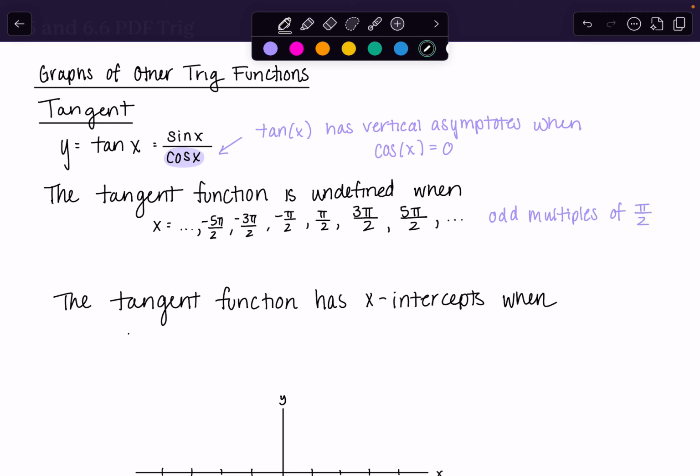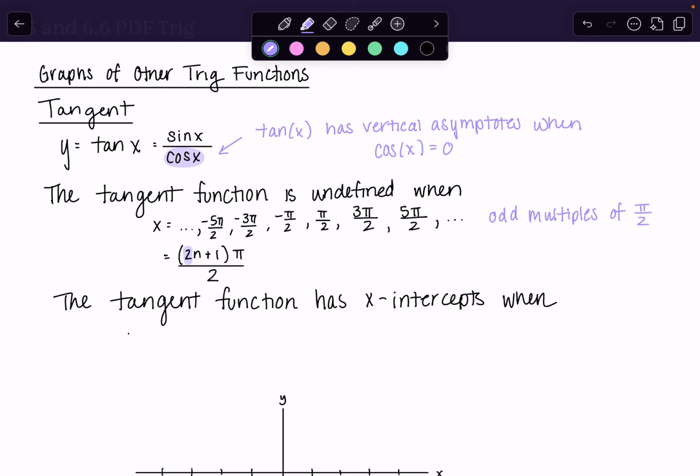The way we can formally write this is we're taking those odd numbers, which is represented by 2n plus 1. 2 times an integer is always even, and then when you add 1, it makes it odd. So it's (2n plus 1) pi over 2.